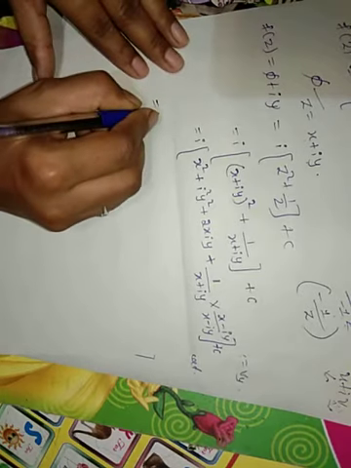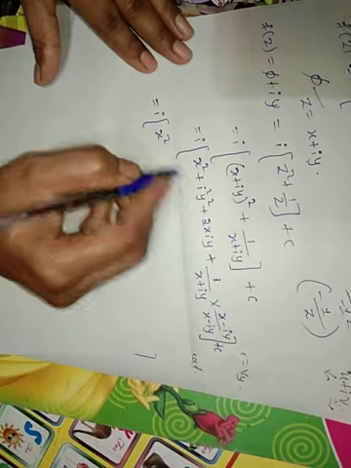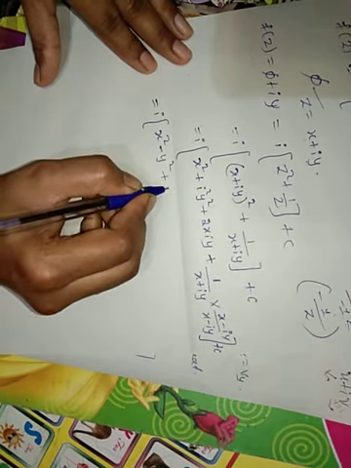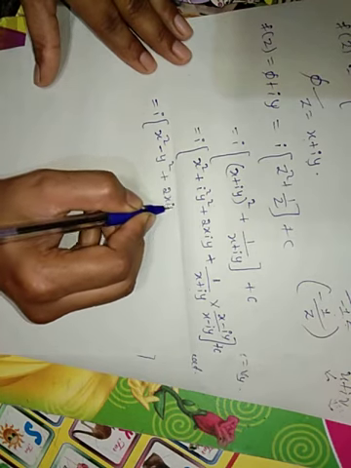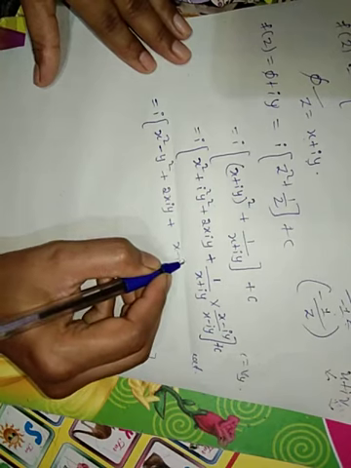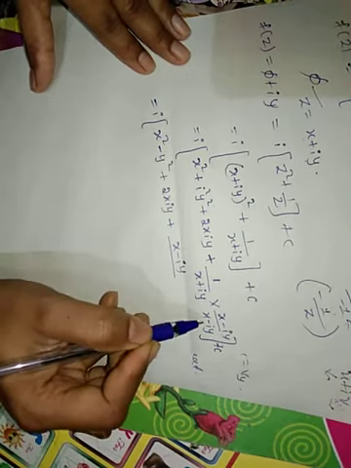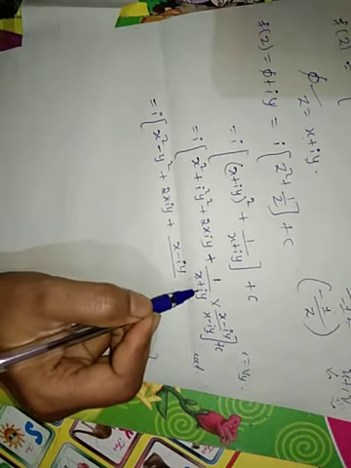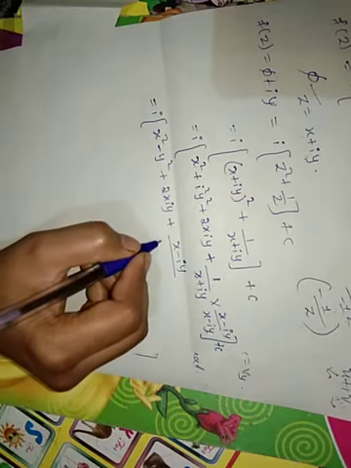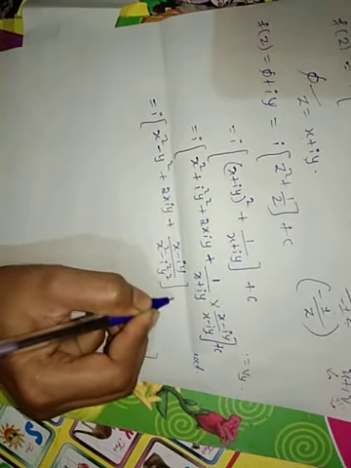That is equal to i into x square, i square is minus 1, minus y square plus 2x iy, plus x minus iy divided by x plus iy into x minus iy, a plus b into a minus b. So a plus b into a minus b is a square minus b square, plus c.